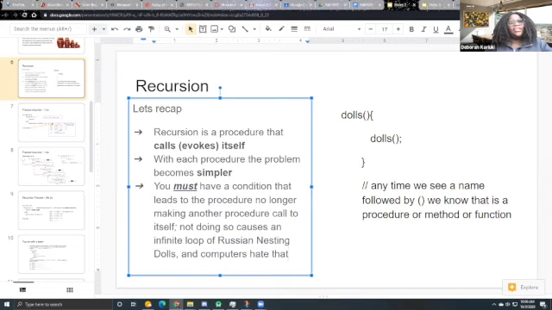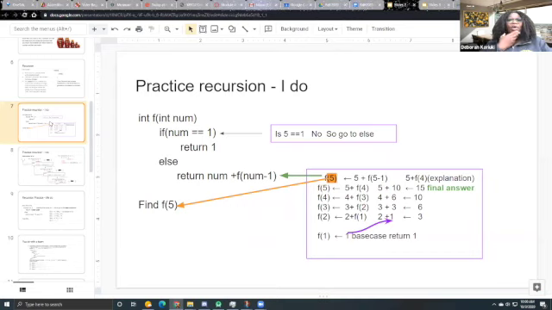So over here in the next slide, we want to find factorial 5. So what is factorial 5? In this procedure called F, it takes an argument, int num, and inside, you compare: is num equal to 1?